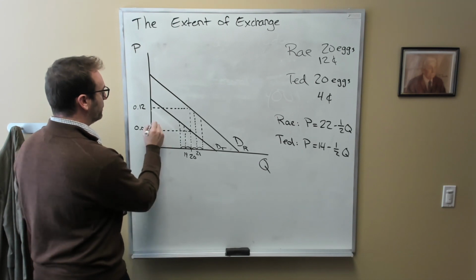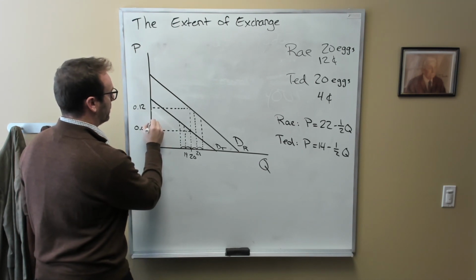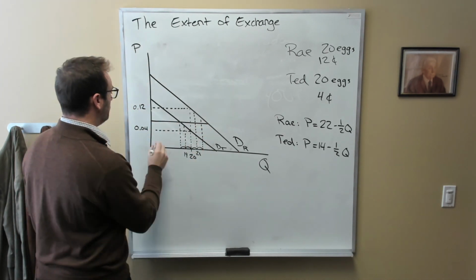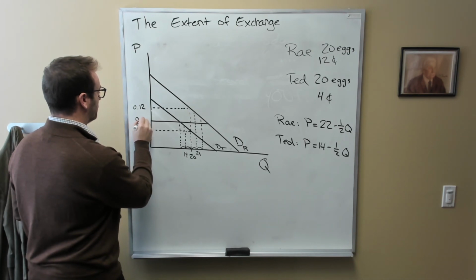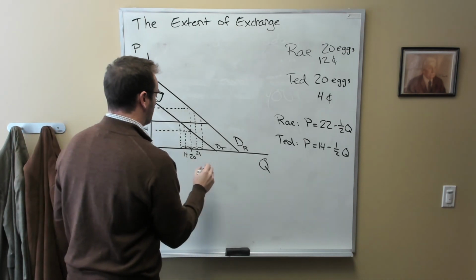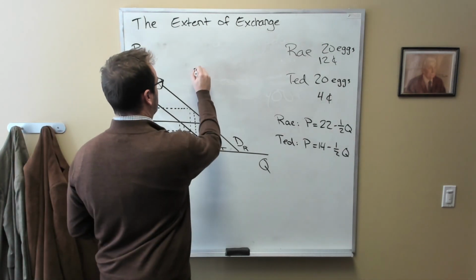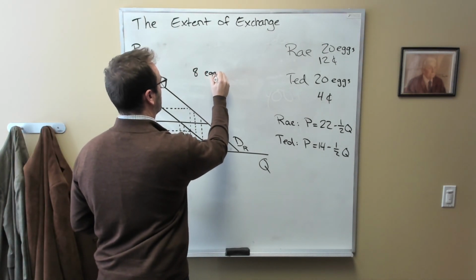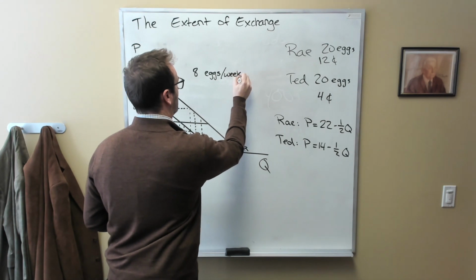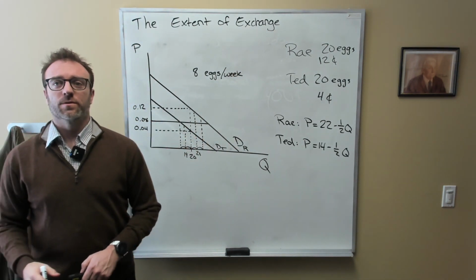And if we continued doing this, we would find that a price of 8 cents and an exchange of 8 eggs per week will achieve both of those conditions.